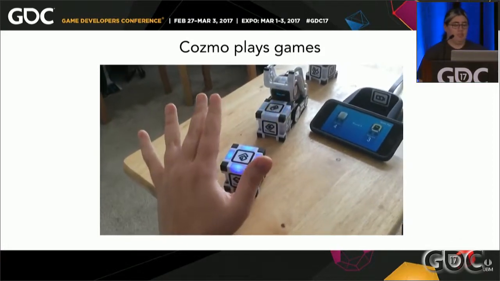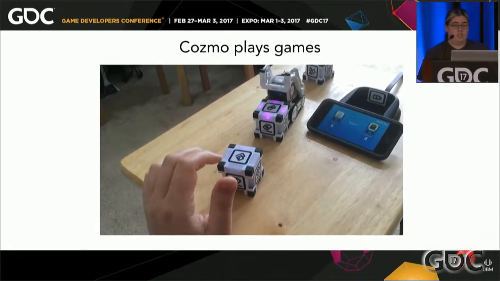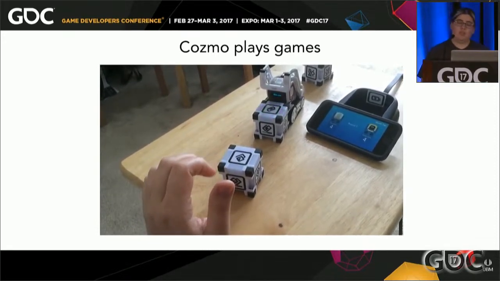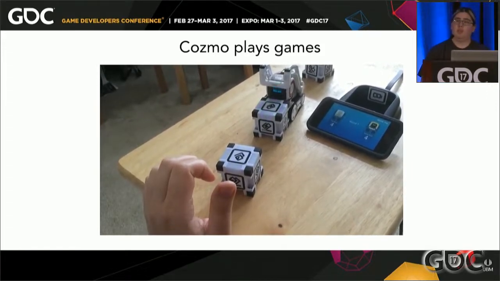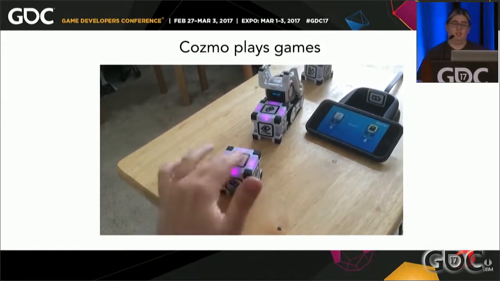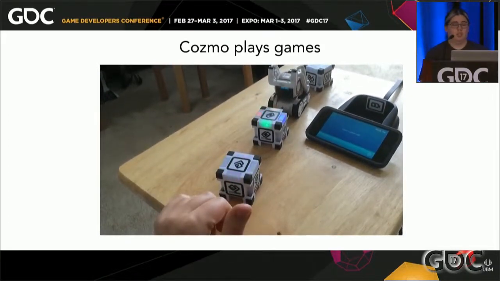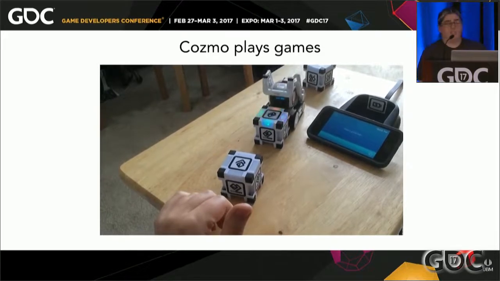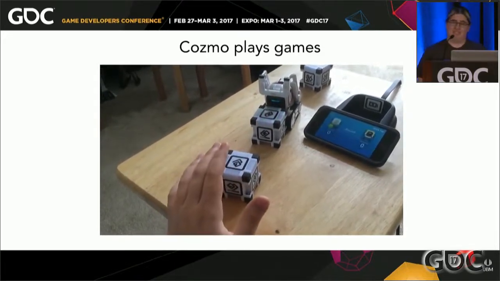So in this example, Quick Tap, you need to beat him by tapping the cubes when they're the same color faster than Cozmo does. Or we have another game, Memory Match, where the cubes will light up in specific patterns, and you need to tap a pattern longer as it gets longer and longer, and Cozmo will try and compete with you. Since everybody loves camera shake, this was also me camera shaking, because it's hard to tap a cube and film yourself at the same time.